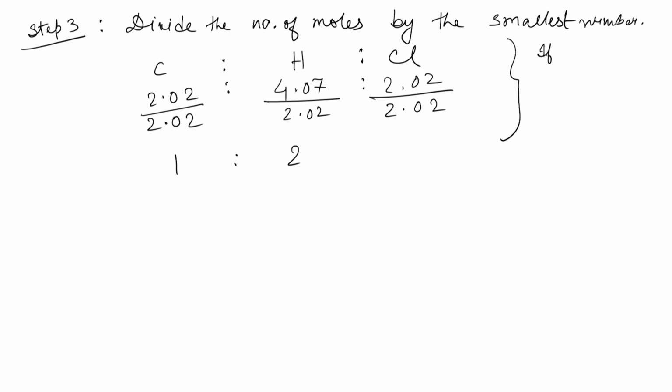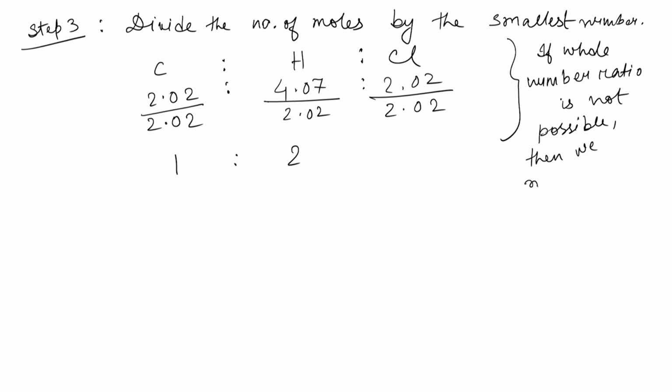So, if whole number ratio is not possible, then we multiply by the next higher number.